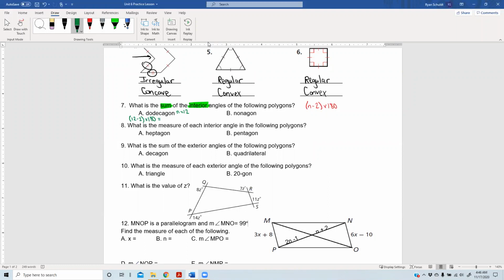That would get me 1800 degrees. And we have a nonagon. There are 9 sides in a nonagon. So we do 9 minus 2 times 180. That would be 1260 degrees.